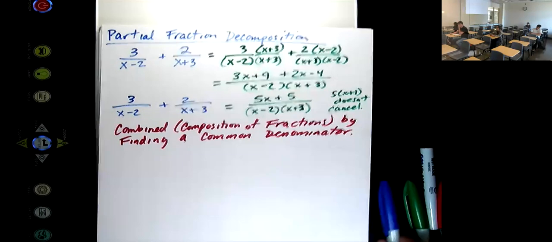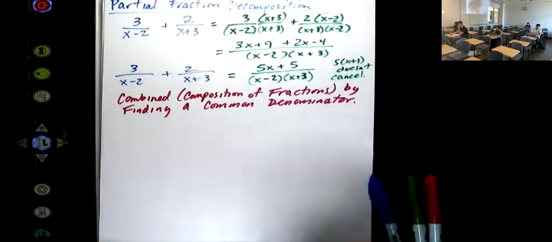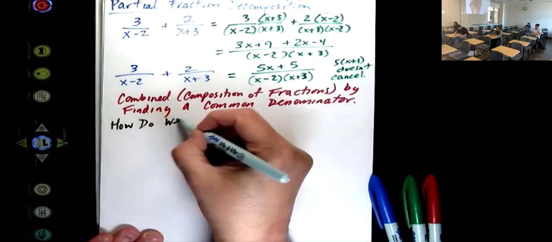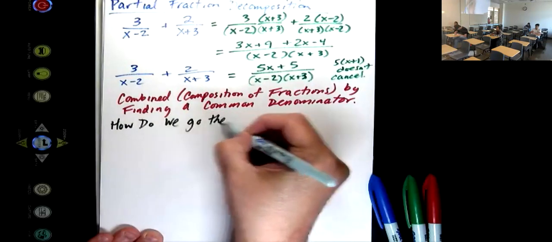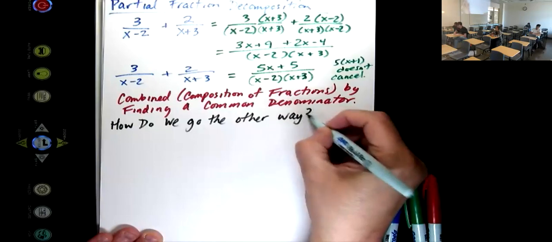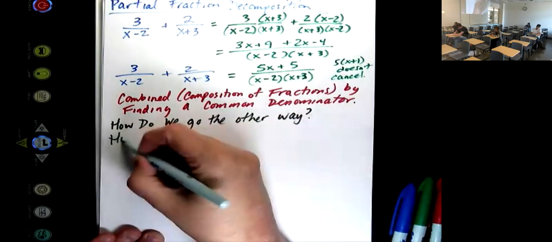So, how do we go the other way? How do we uncombine fractions?